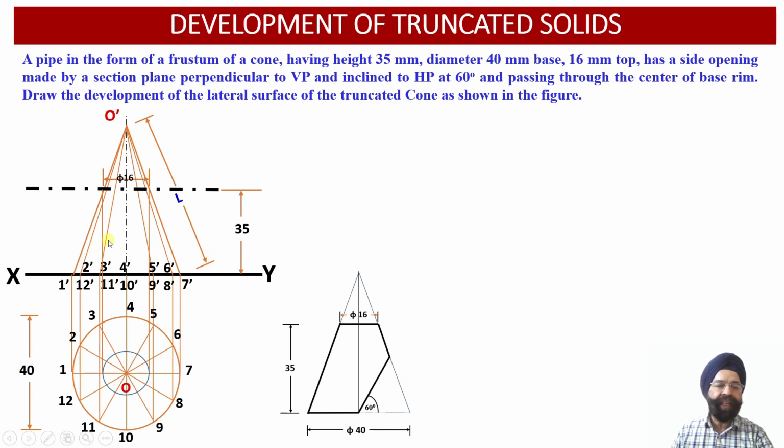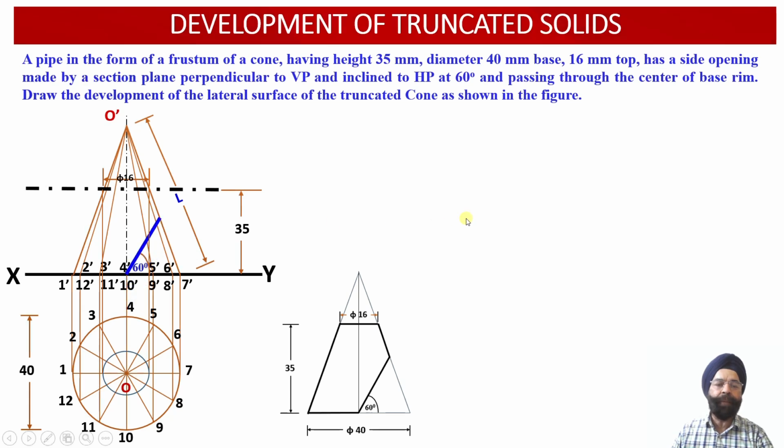Whereas the remaining 10 slant generators, corresponding to 2-12, 3-11, 4-10, 5-9 and 6-8, will be representing the apparent length projections of the slant generators in the elevation projection view.